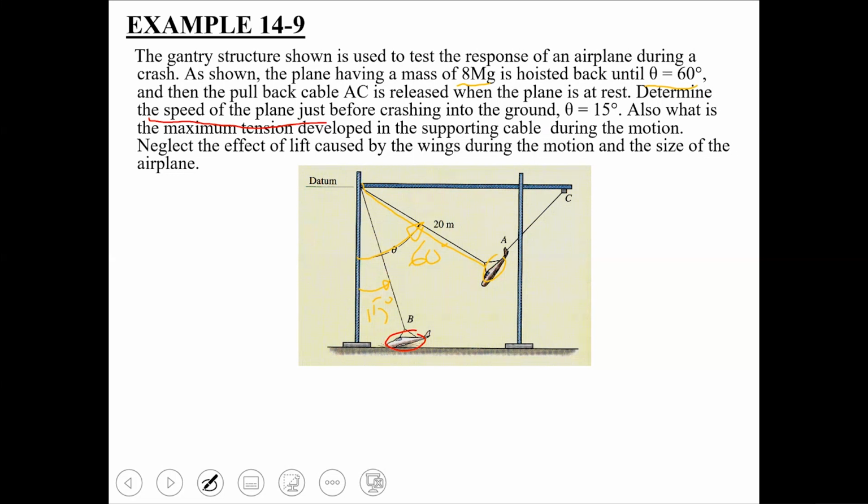So the conservation of energy principle states that the kinetic energy and potential energy at position A should be equal to the kinetic energy and potential energy at position B, isn't it? This is the principle of conservation of energy, which states that the total energy at position A should be equal to the total energy at position B, because there is no non-conservative force acting on the particle between those two positions.